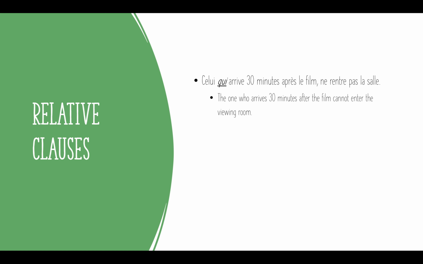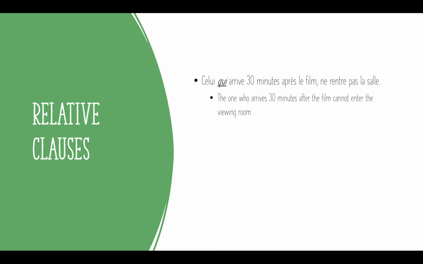They can also be used in relative clauses. So very simple, sounds fancy, but it's not. Celui qui arrive 30 minutes après le film ne rentre pas dans la salle. So the one who arrives 30 minutes after the film will not enter, or cannot enter, doesn't enter, however you want to say it.